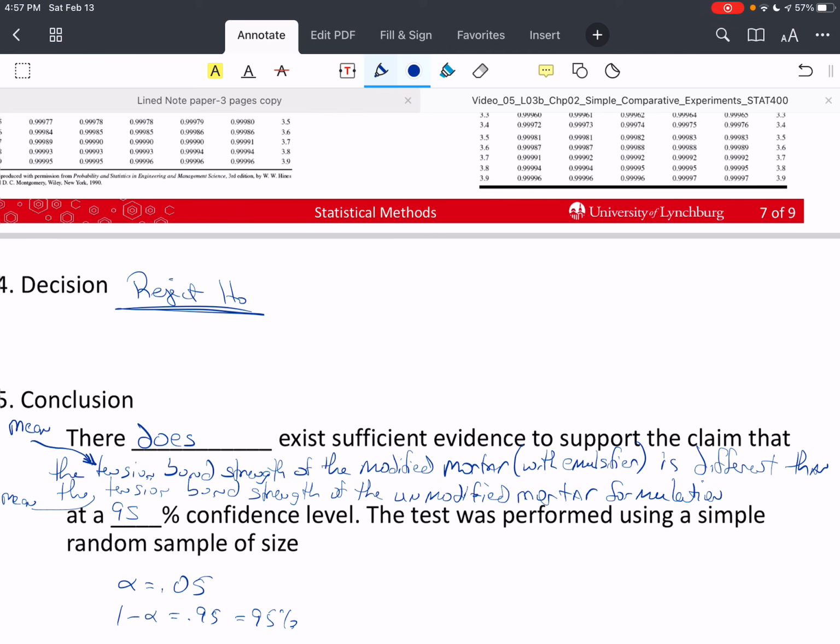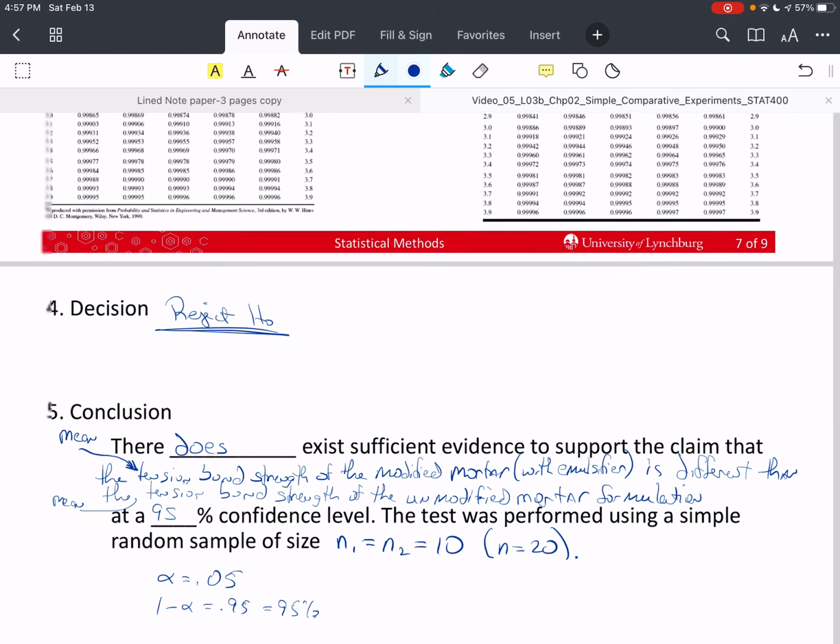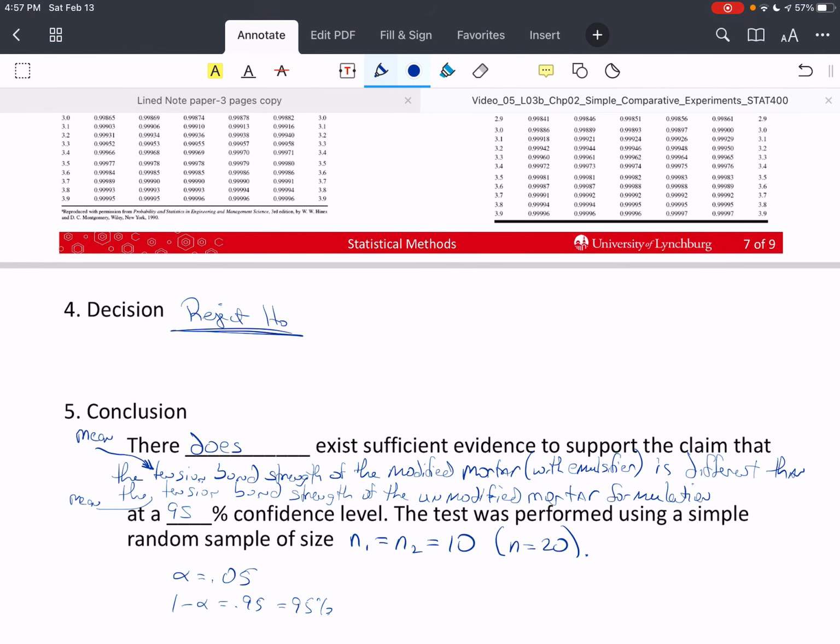The test was performed using a simple random sample of size n equals 20, or n1 equals n2 equals 10, n equals 20. And that tells the reader everything they need to know about the sample size. Okay? So that is the example using this assumption.